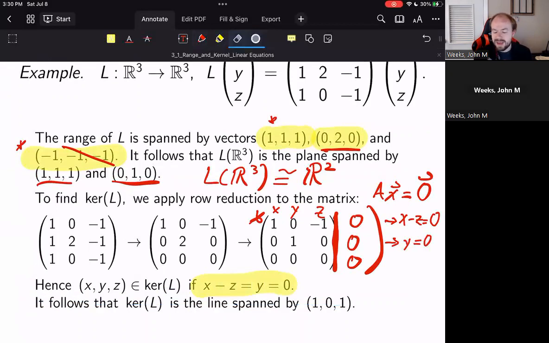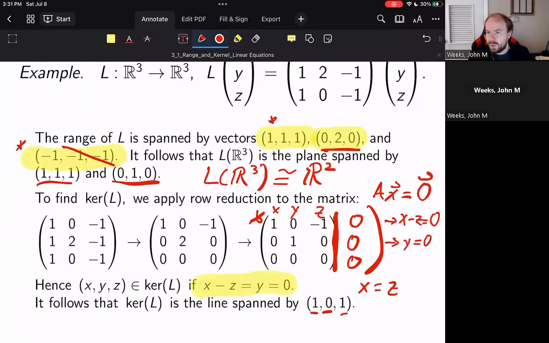So it will follow that we can make a line out of each of these things. If y is 0, then that coordinate in the middle always has to be 0. But as long as x minus z equals 0, or if x equals z, then we're good to go there. So we could say, make it so that the generating coordinate for this line is one where x and z are equal.